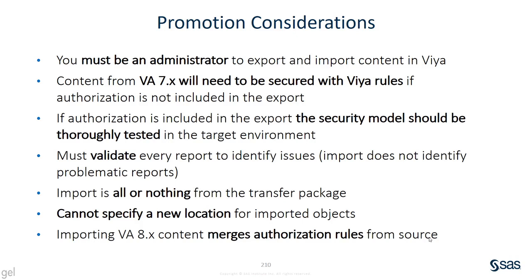If you do choose to include authorization, you're going to have to thoroughly test it, right? I told you that access control templates are not included and some other stuff. So you're really going to get a partial promotion of authorization. You're not going to get everything. For that reason, you're really going to want to test the security model when you get to Viya.